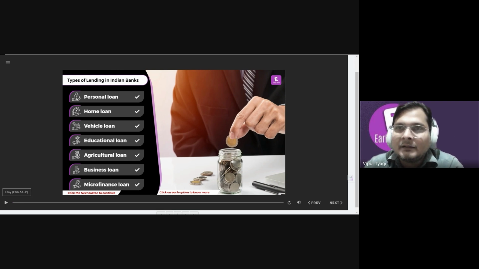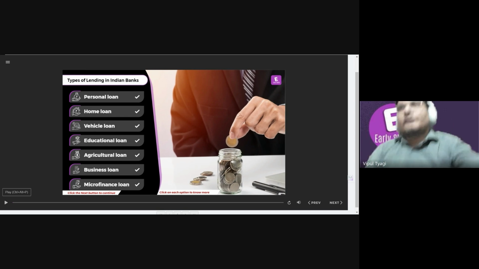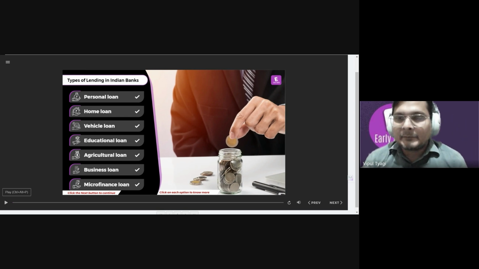gold, anything. So the bank also understands this scenario, that for people who are doing jobs, the bank provides a personal loan. Not only for salaried people, but for people who are earning some income.